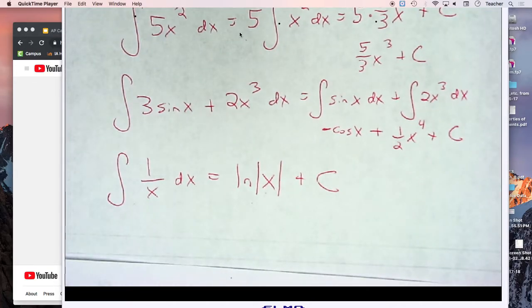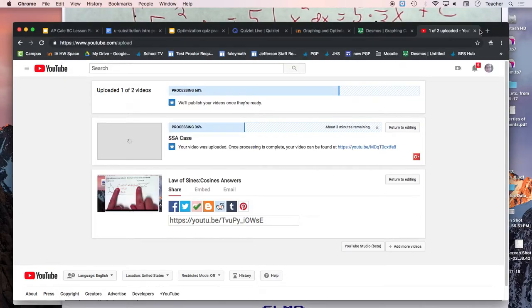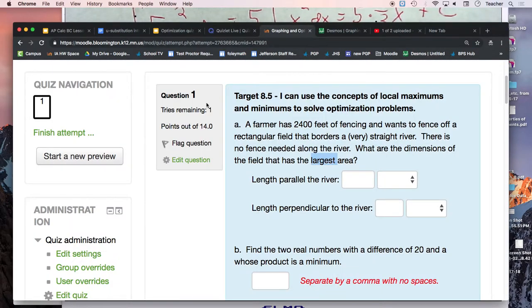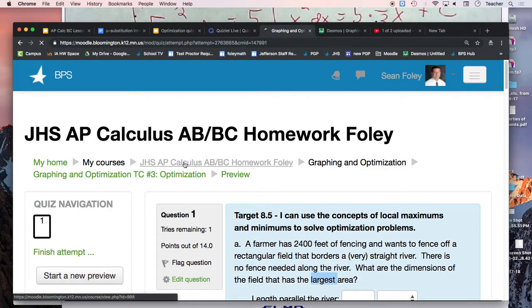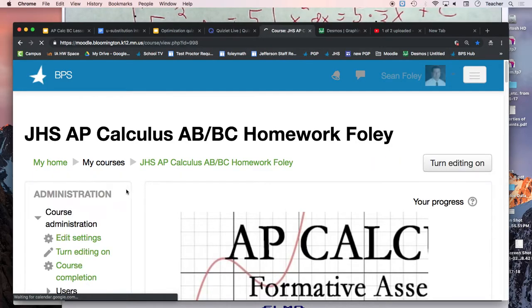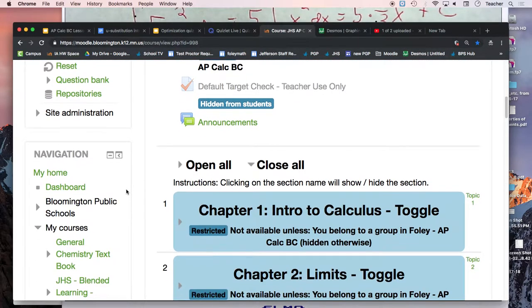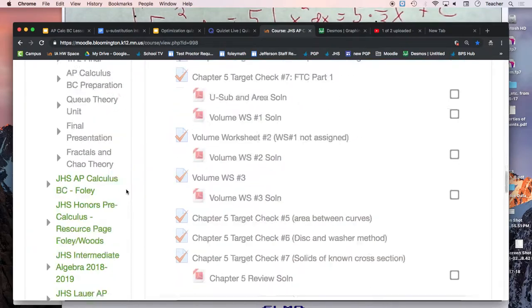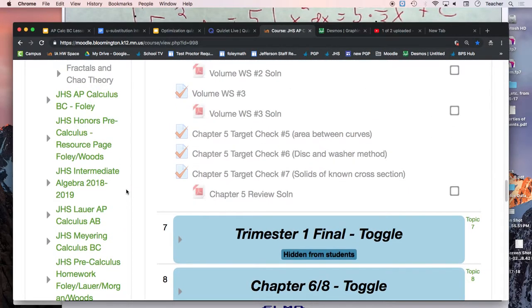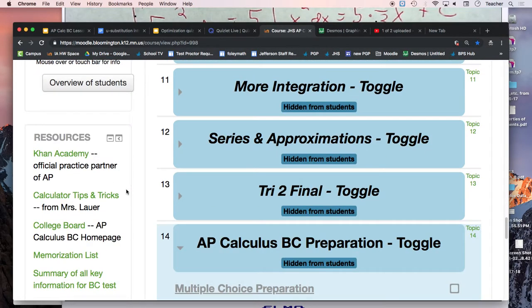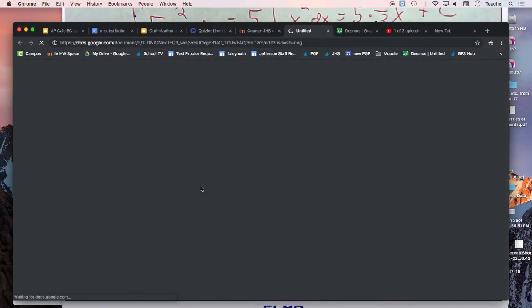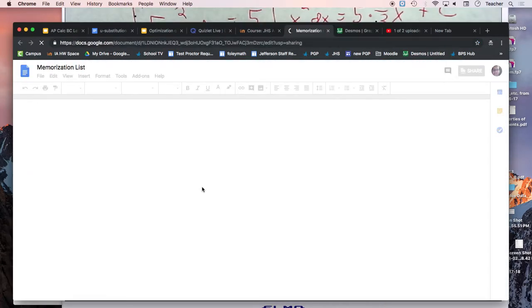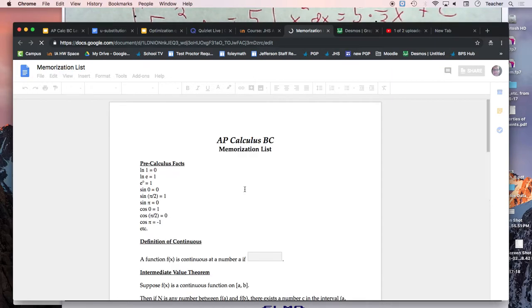If you look at the memorization list, let's see if I can pull that up here. There are a bunch of antiderivative rules on here, and they're basically just backwards from the derivative rules.